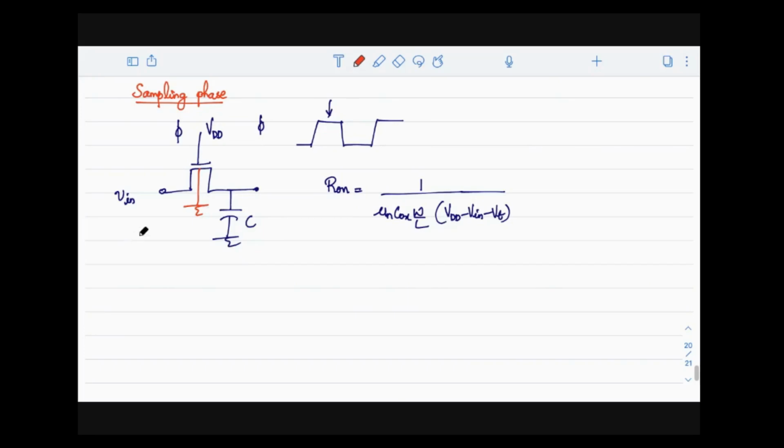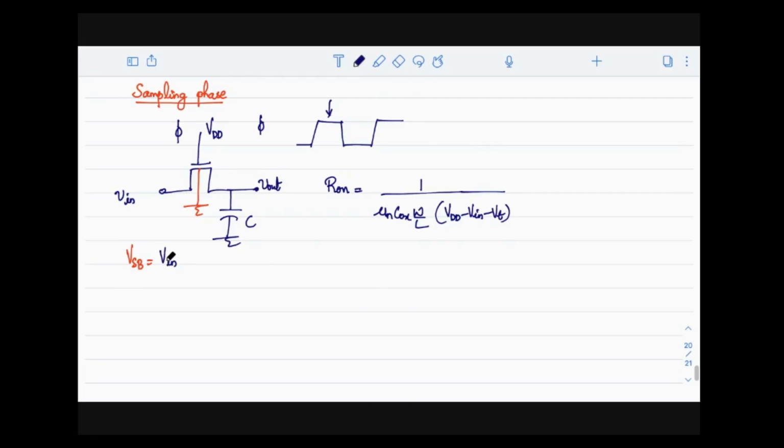Now, your source terminal will be grounded. So in that case, I can write what VSB is. VSB is equal to Vin because the body is grounded.